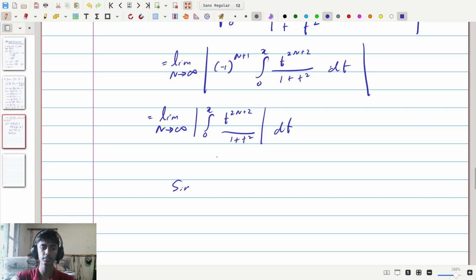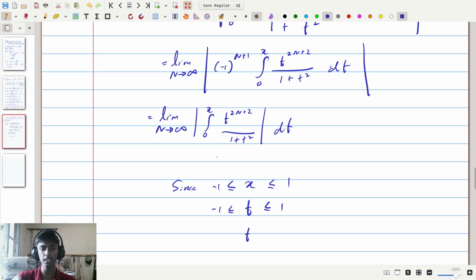Since the values of x are going to be between negative 1 and 1 inclusive, the values of t that we're going to have here, because integration is basically just adding a bunch of terms together, well, infinitesimally small terms, but we're still adding a bunch of terms together. In each of these terms, in the 1 plus t squared here, the t part is going to be between negative 1 and 1.